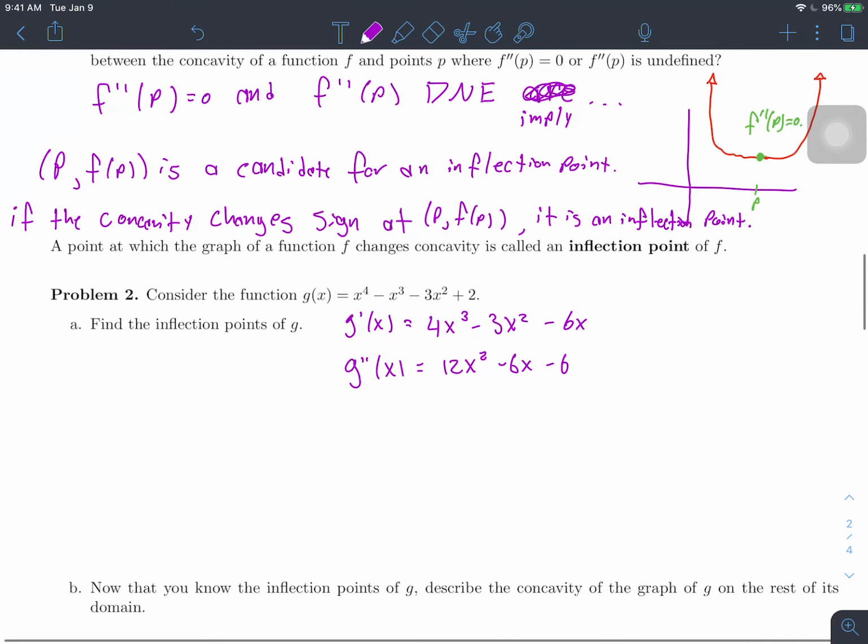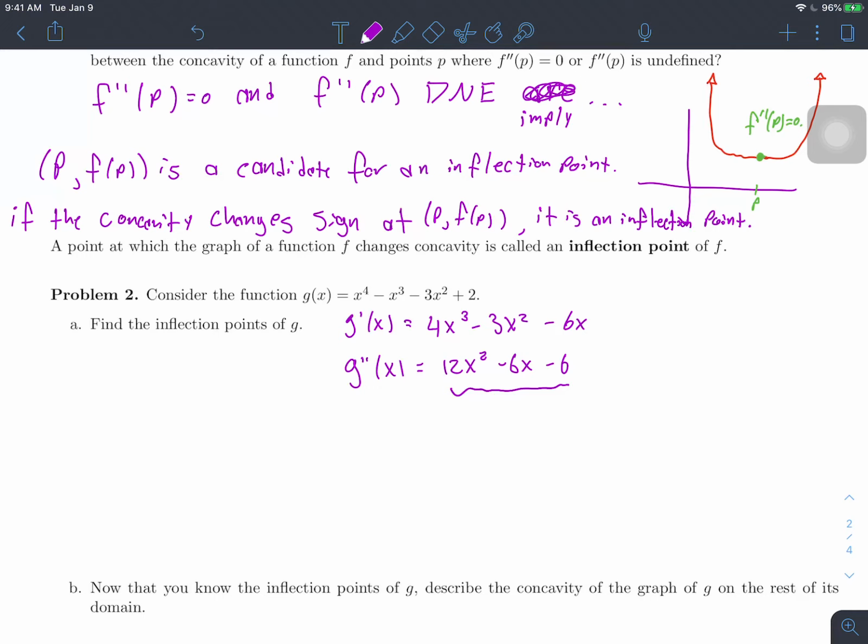We know that candidates for inflection points will be when this function is equal to 0 or it doesn't exist. Like with the first derivative, we don't need to worry about the second derivative of a polynomial existing or not existing at a given x value.